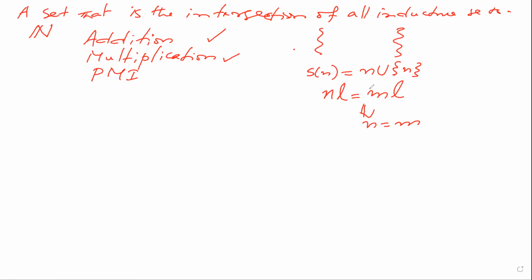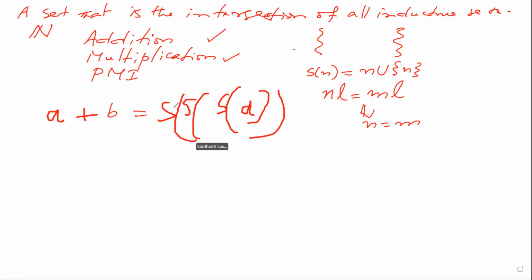I think I have a definition for addition. Yes, so this is the definition. A plus B. Instead of M and N, I'll use A and B, that's a bit easier. A plus B is equal to, basically, you start at A, and then you keep doing S of A, S of that, B times.